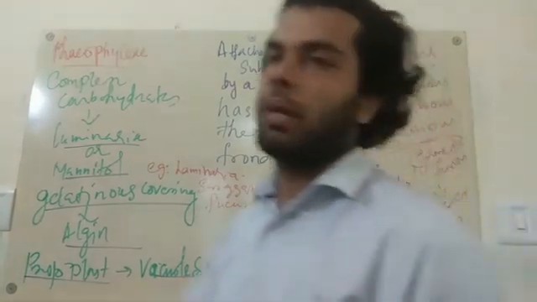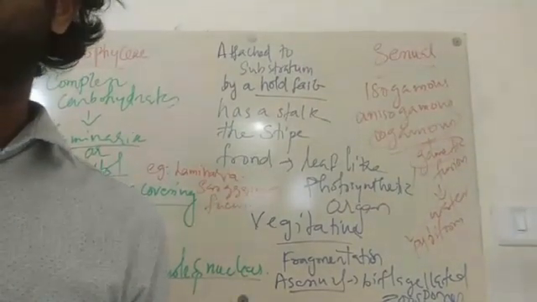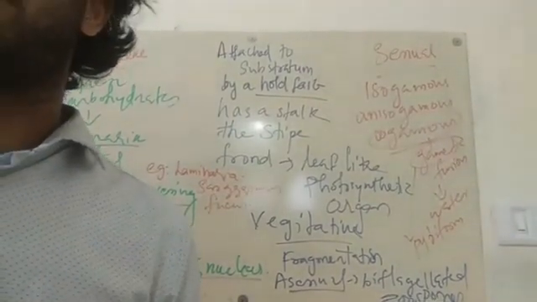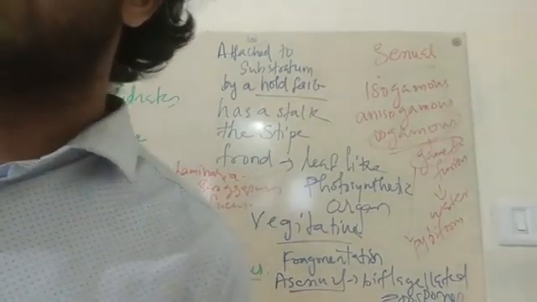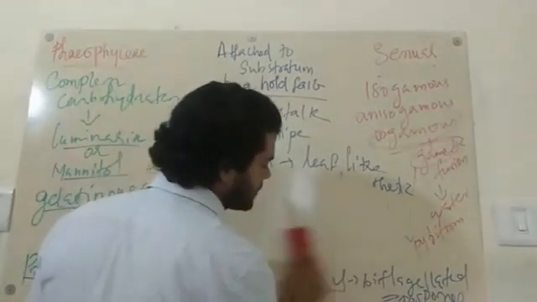After all that, we have completed the kingdom Monera, and now we are going to study the kingdom Protista. So before that, we want to know about the structure of Monera, isn't it? Structure of some organisms that are present in Monera.